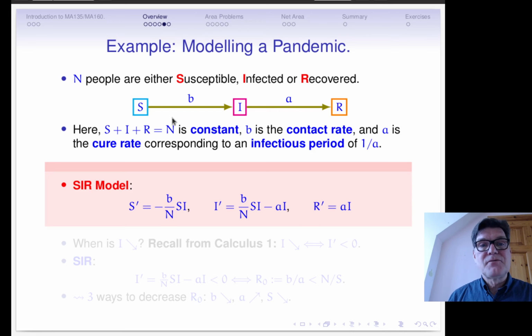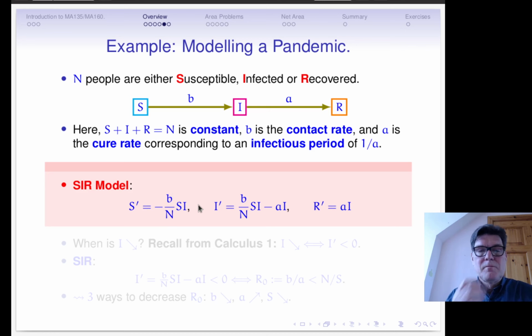And if they get infected at a rate B, then it makes sense to describe the rate of change in S as minus B over N times the product S times I. Now here things are normalized in such a way that one divides by N, the total population.